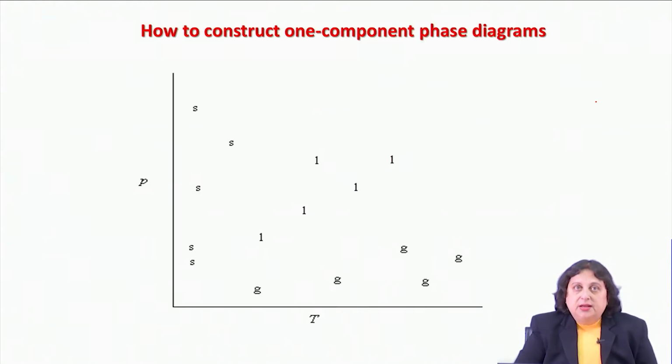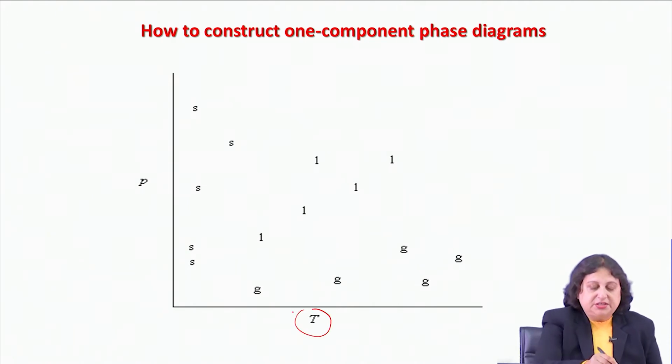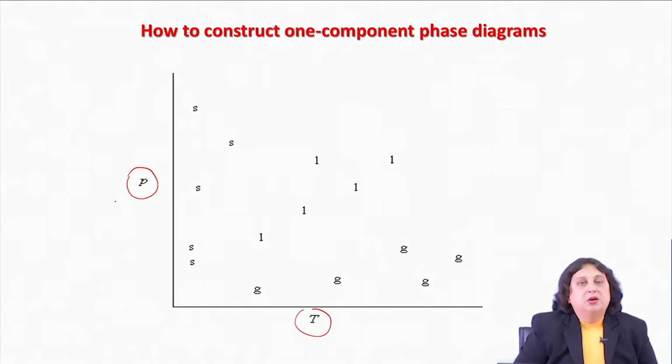Now let me take a step-by-step approach to define the problem. First of all, we need to understand how to construct a one-component phase diagram of a given substance. A phase diagram in general is prepared by plotting temperature and pressure of the given substance.